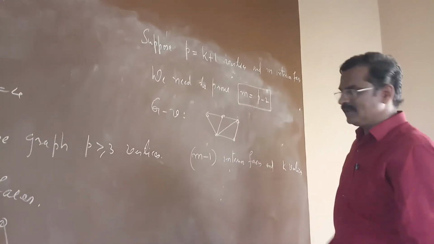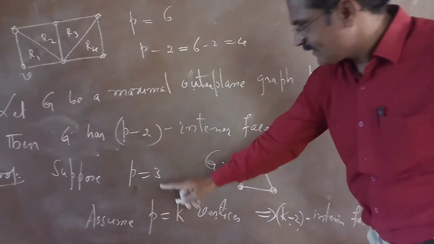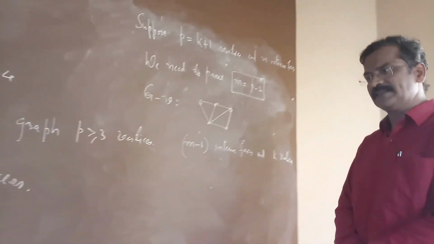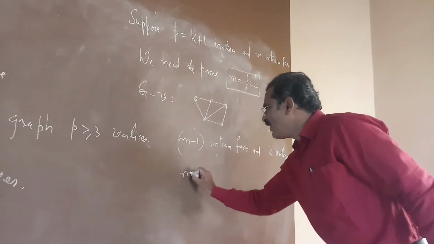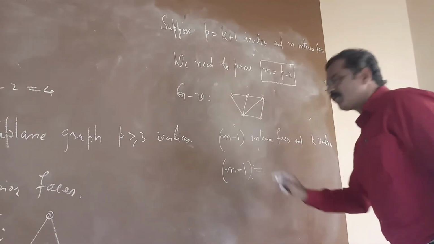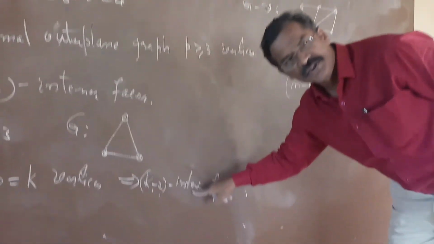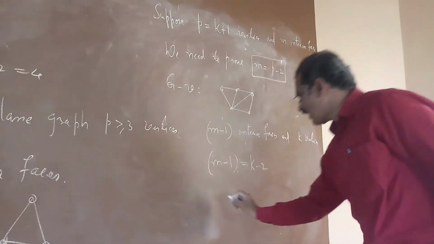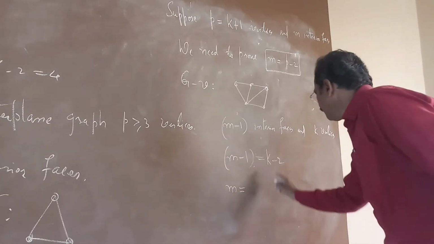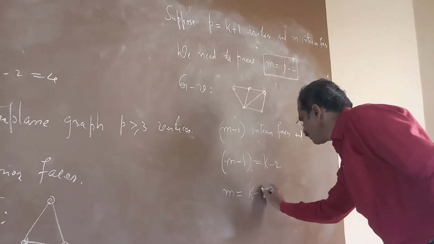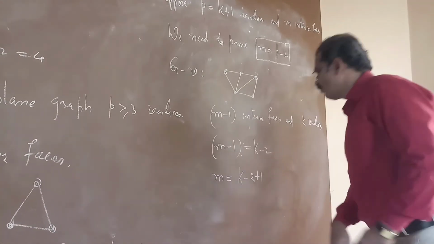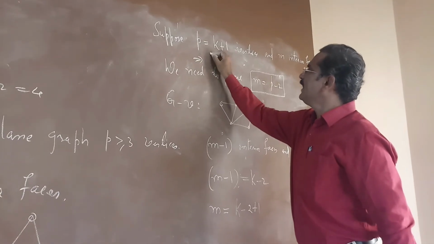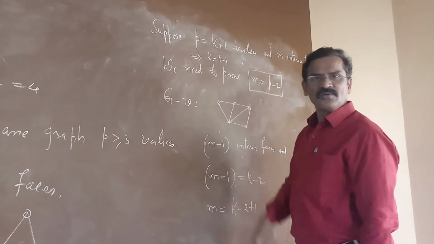But by the inductive hypothesis, when the graph has K vertices, the result is true. It implies M minus 1 should be equal to K minus 2, which implies M equal to K minus 2 plus 1. But what is K? Our K is P minus 1.